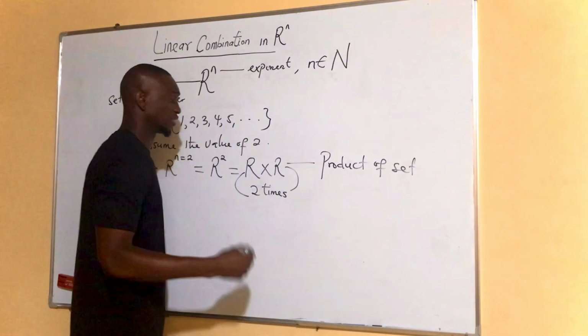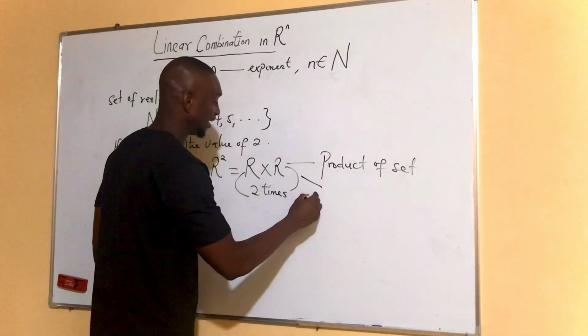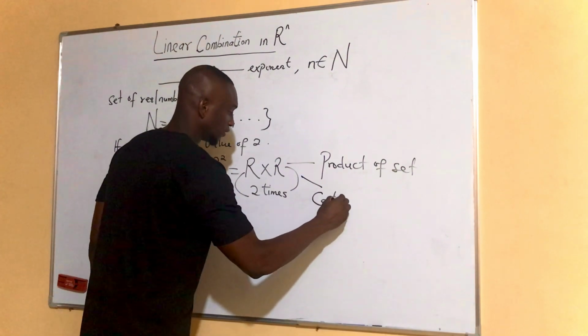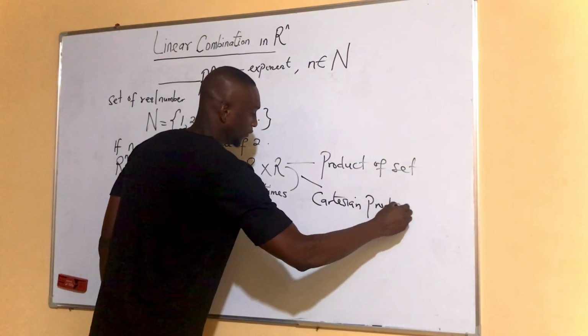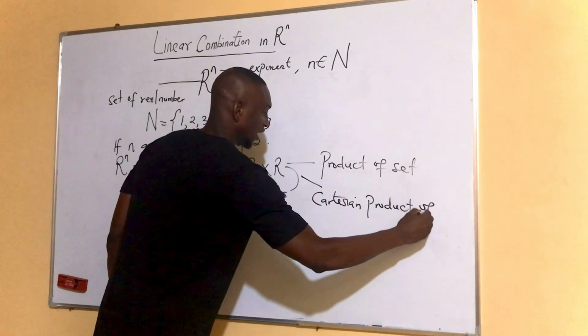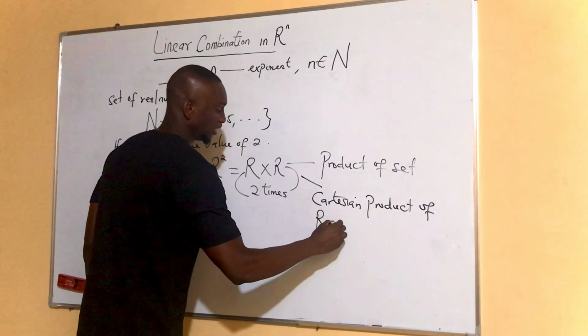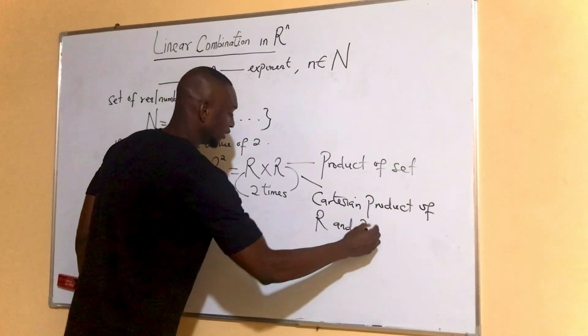And this product of sets is the same as the Cartesian product of a real number and a real number.